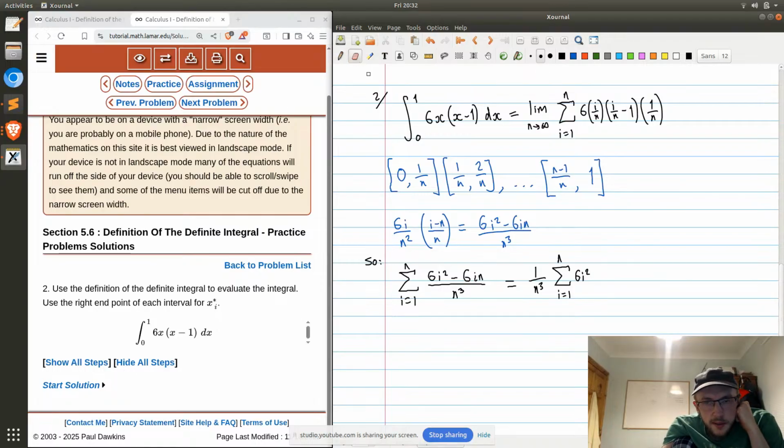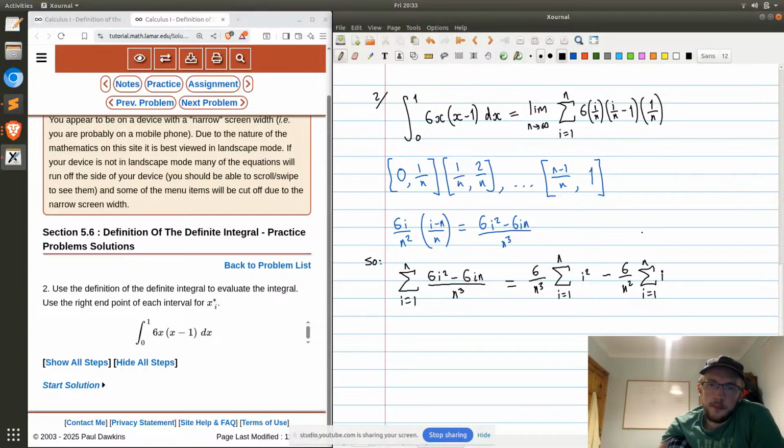And I can bring out the 6. And here they cancel, so I bring out 6 over n squared, and sum from i equals 1 to n, just i.